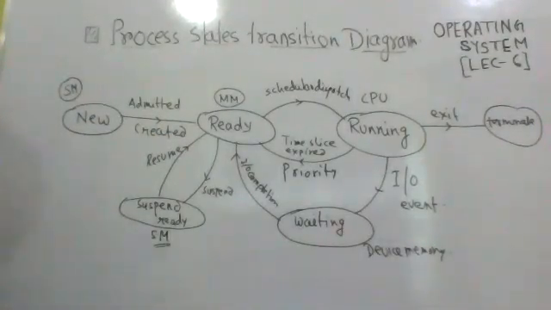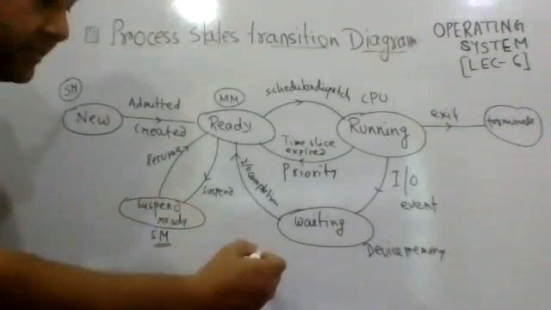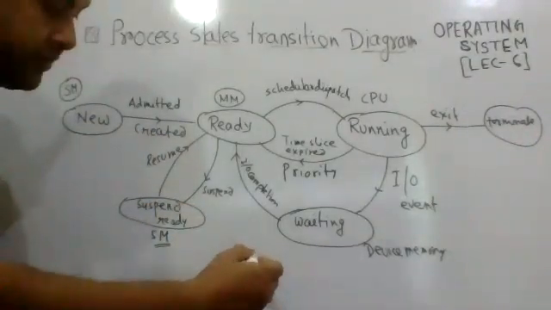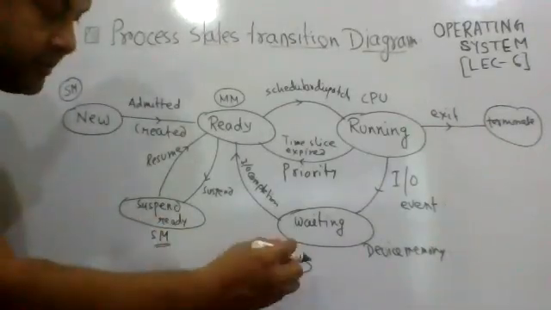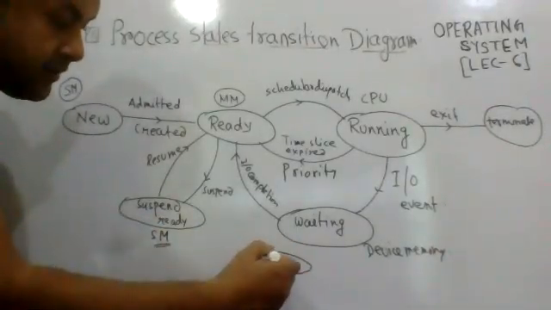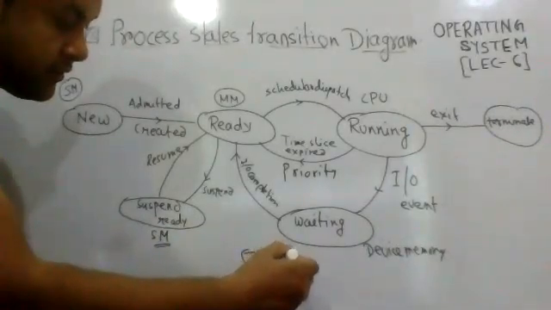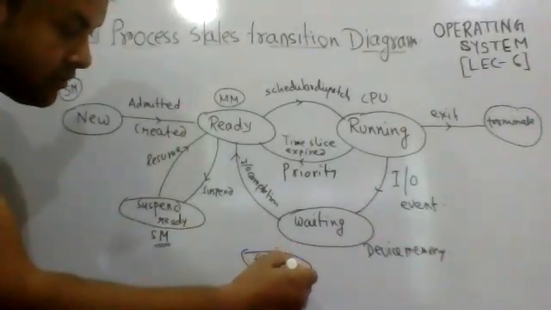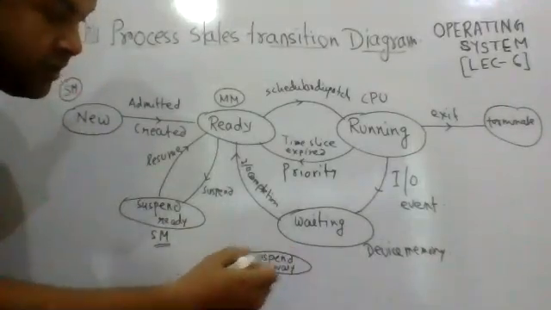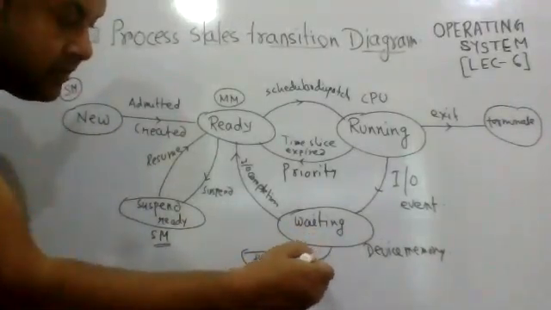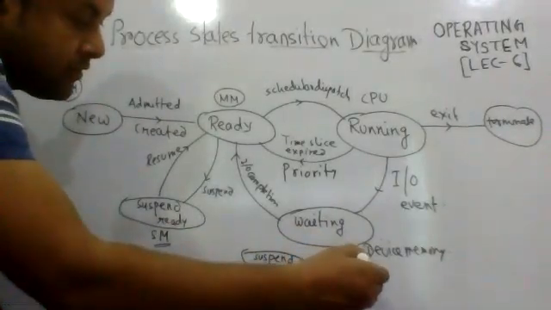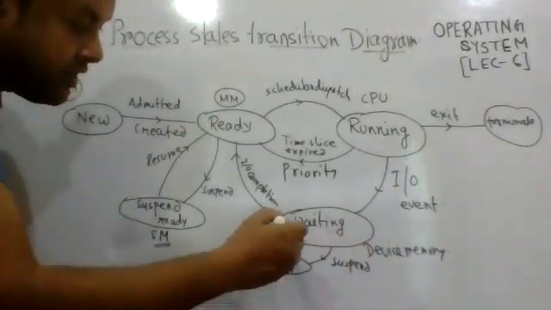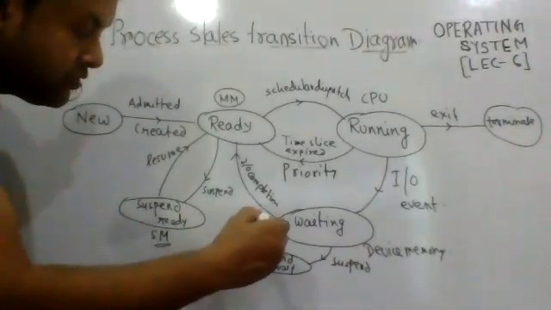Now we have another state, which we can call suspend wait or suspend block. From here this is suspend, and from here to here this is resume.